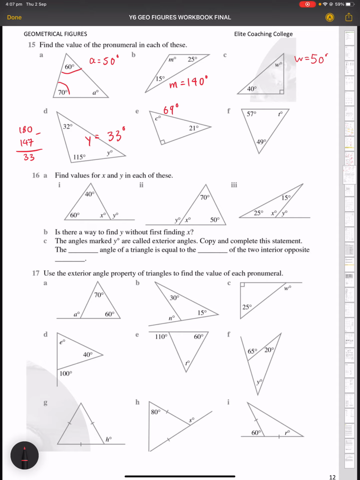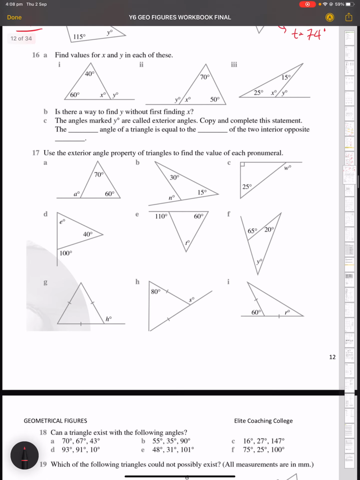Okay, F, 57 plus 49 is, let me see, 106, so that means T is going to be 74 degrees.